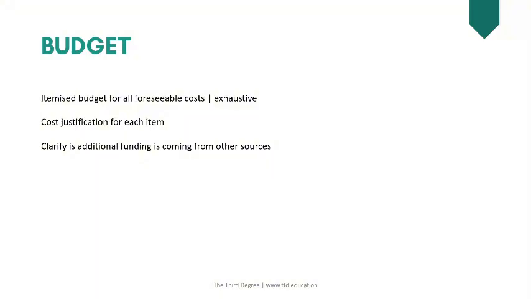But what I want to focus on here is you have to be very specific. They will challenge you on that. It's kind of like insurance, you know, you go to hospital and the insurance company says, well, I'll pay for your operation, but I won't pay for your anesthesia. It's kind of a pain in the ass, but it happens. You need that cost justification for each item.